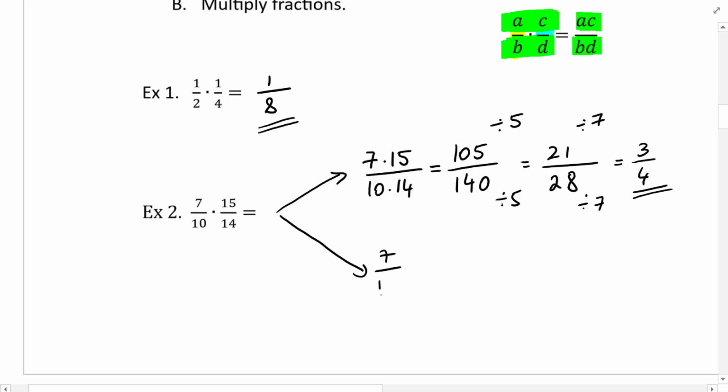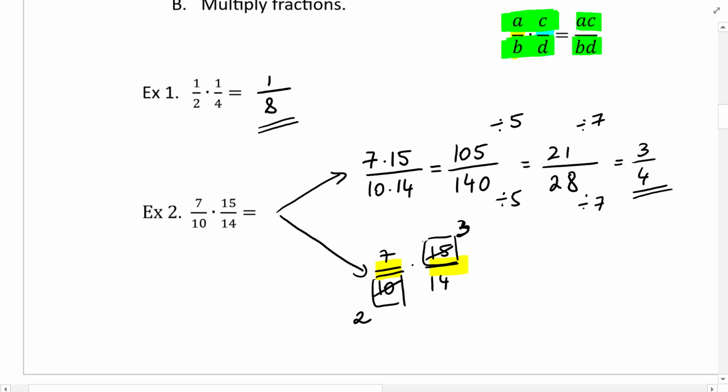But another method that we can use is, well, let's remember again that this line means division, right? So we can take a look at 15 and 10. So I have 15 divided by 10. Well, both numbers can be divided by 5, and we get 3 here and 2 here.